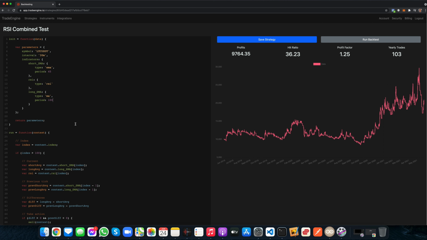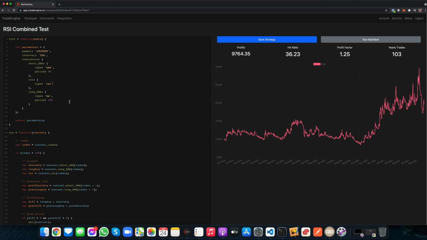For that, I will introduce what's called the RSI, or Relative Strength Index. That is automatically calculated by TradeEngine when you declare it as an indicator. So I will just use this indicator here. By default, it's a 14 days Relative Strength Index, but you could change that inside TradeEngine as well.